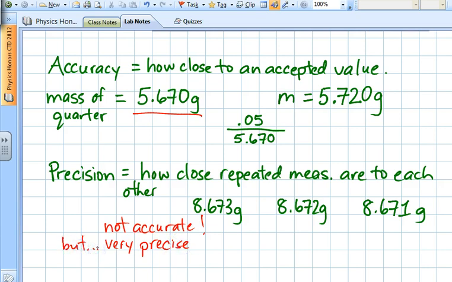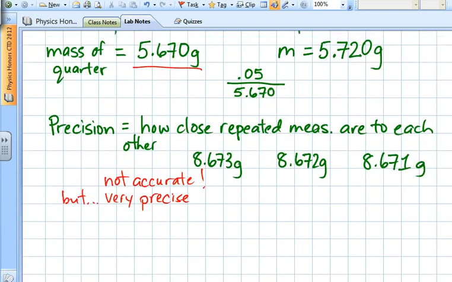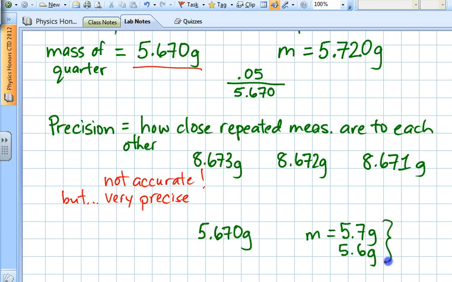So they're not accurate, but they're very precise. Now on the other hand, you could have measurements which are not very precise, but they're accurate. For example, if the accepted value is 5.670, you could measure 5.7 grams or 5.6 grams, and that would be pretty accurate, because that's fairly close. It's just those aren't as close to each other, so they're not very precise.